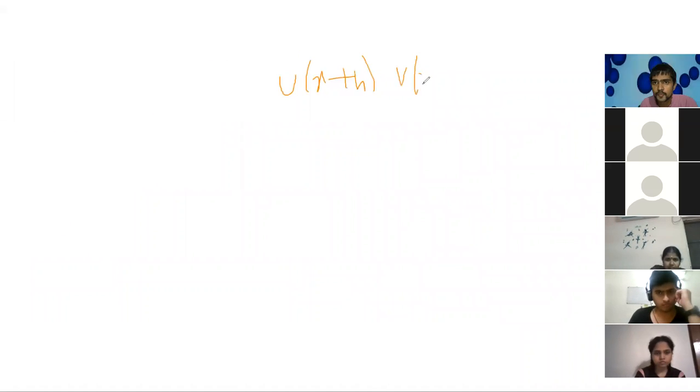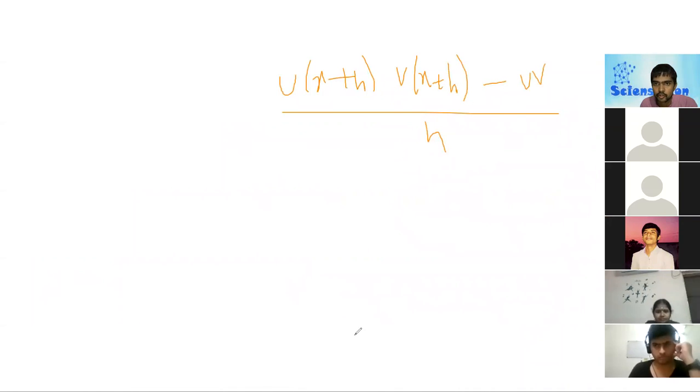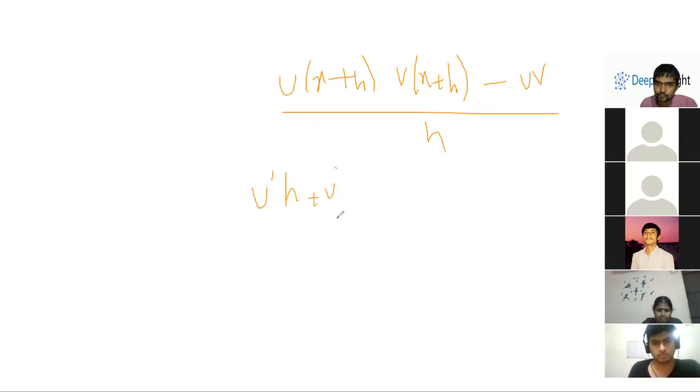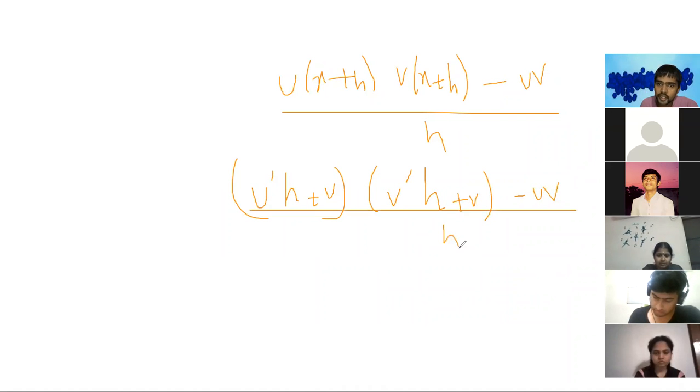So let me rewrite this again. U of x plus h, v of x plus h minus uv by h. Now what am I writing u of x plus h? It is u dash h plus u. V of x plus h is v dash h plus v, minus uv whole divided by h. If I multiply these two, what will I get?